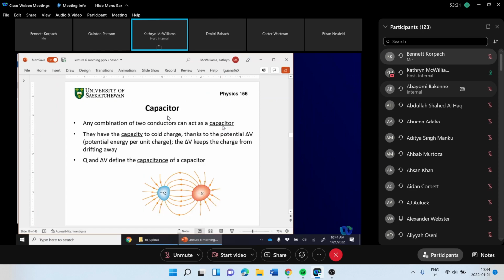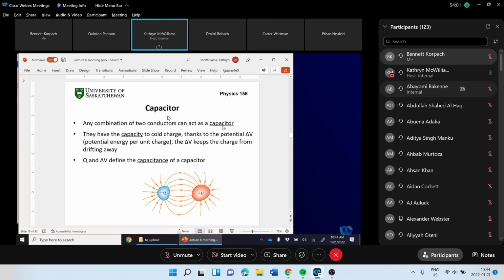Okay. So a capacitor is the combination of any two objects that hold equal and opposite charges, any two conductors that hold equal and opposite charges. Okay, so we've talked about parallel plates, we had these Leyden jars, but basically, if you've got two opposite charges, minus Q and plus Q, they must have a potential difference between them because there's an electric field between them.